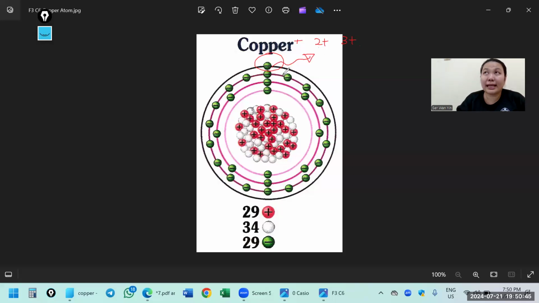So anyone can tell me why this electron will escape out? Anyone can tell me from your chemistry knowledge why sometimes the valence electron will escape out?